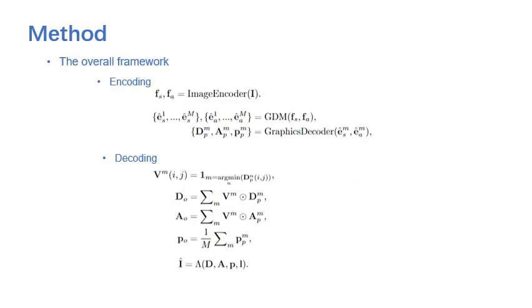During training, the input image is first encoded to global shape and albedo embeddings, FS, which are sent to the GDM to get the spatially decoupled part-level graphics capsules. Then, these capsules are decoded by a shared capsule decoder to get explicit 3D descriptions of parts: depth, albedo, and 3D pose.